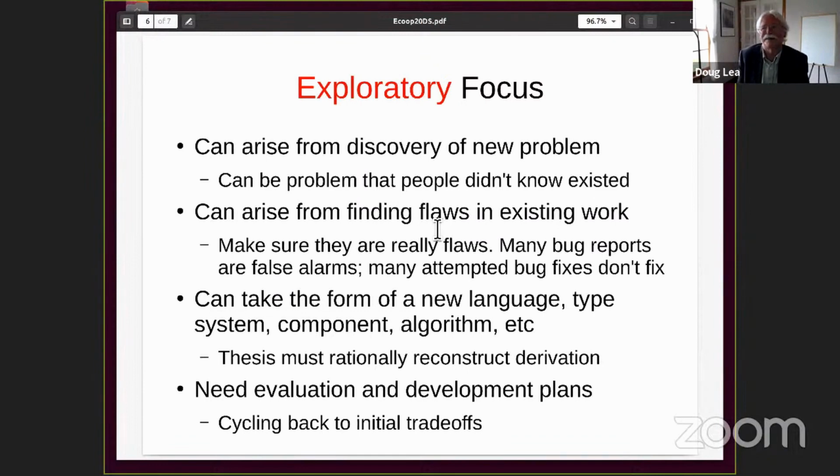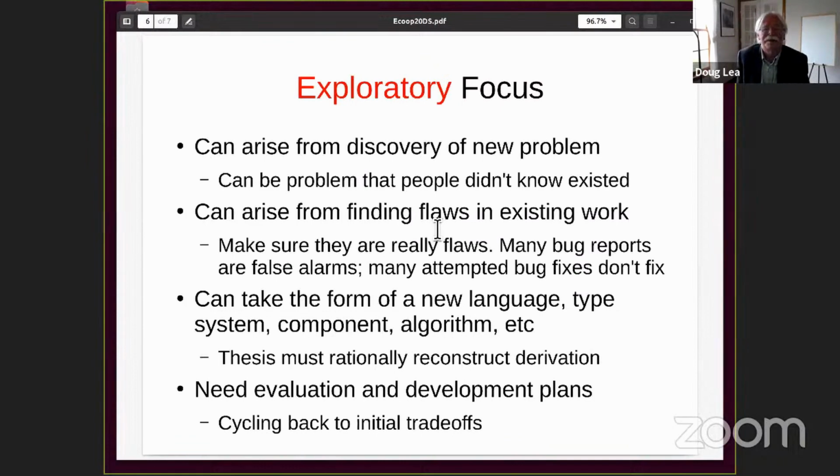The idea is an idea in some abstract sense, but by phrasing it as, well, here's a special DSL for X, or here's a type system that captures a new form of delegation, or here's a component that if you had it, you could marry reactive and synchronous communication styles, whatever.